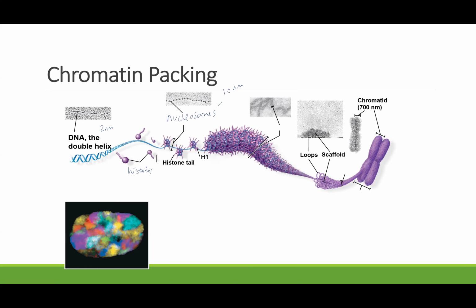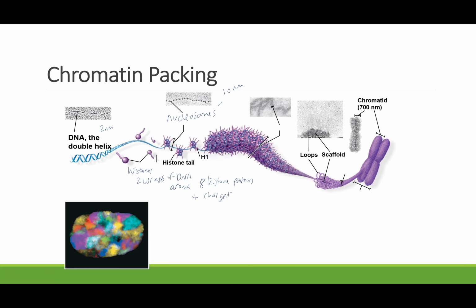So the basic unit of DNA packing is a histone. So with a histone, we take 2 wraps of DNA around 8 histone proteins. And these histones have a lot of positively charged amino acids on the outside.